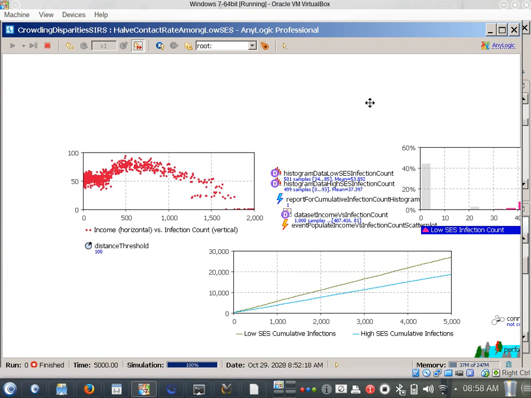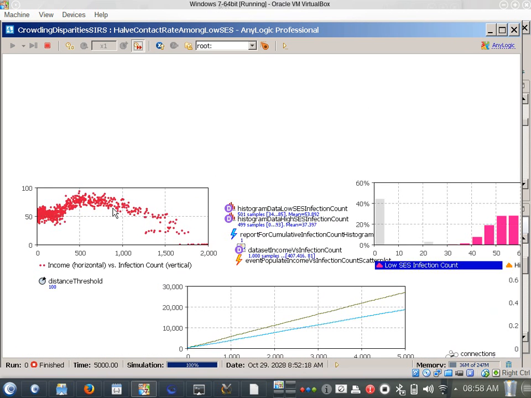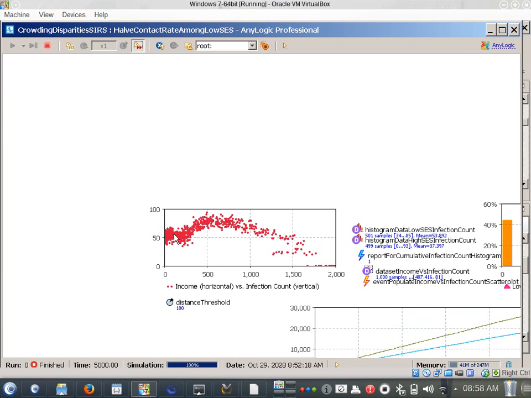So our narrow intervention here has lowered the curve for low SES infection count, but it has done so without bringing the rest of this moderate population along. And you'll notice the high SES population infection counts are not that much lowered from before. We had about 40% with 0, and then we have still a peak in the sort of upper 70s. So what we've seen here is that while successful, it hasn't snuffed it out across the population as a whole.